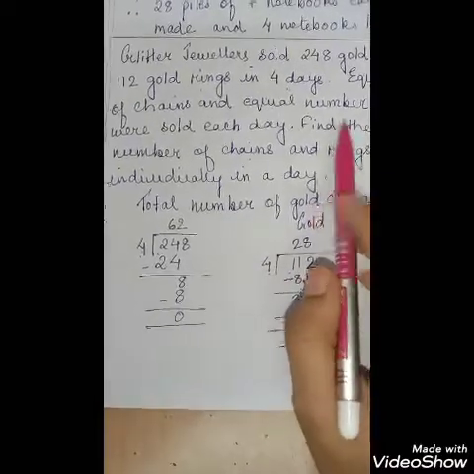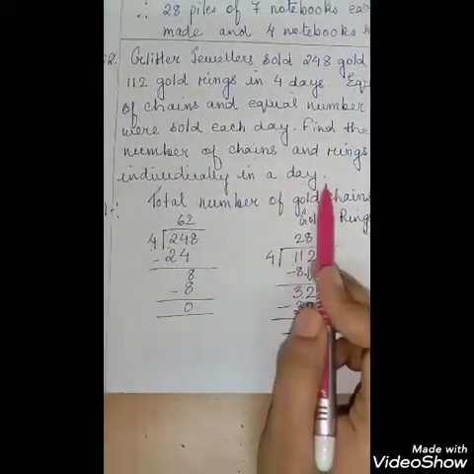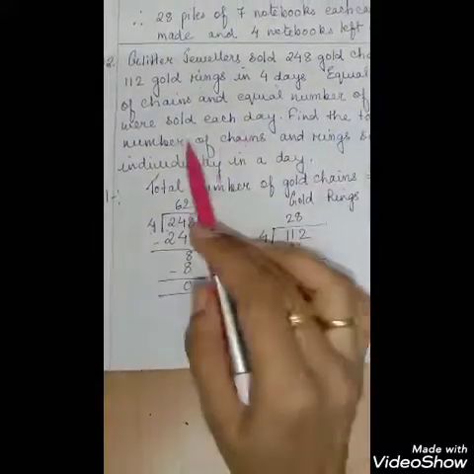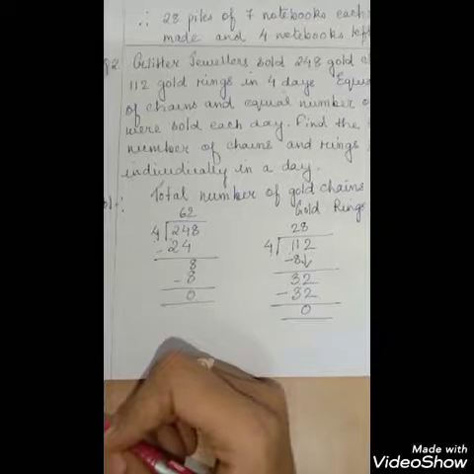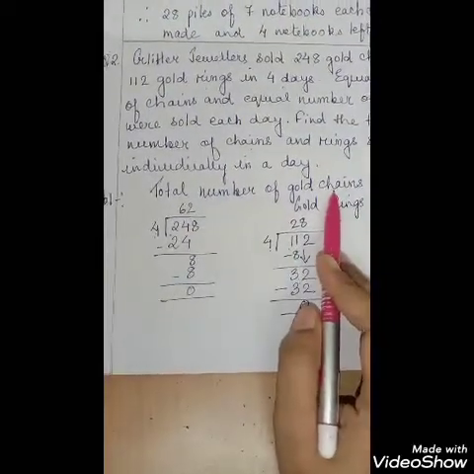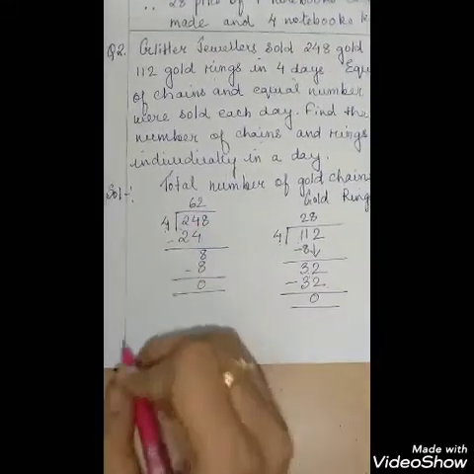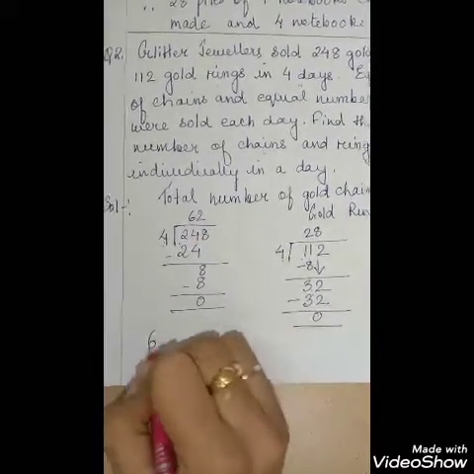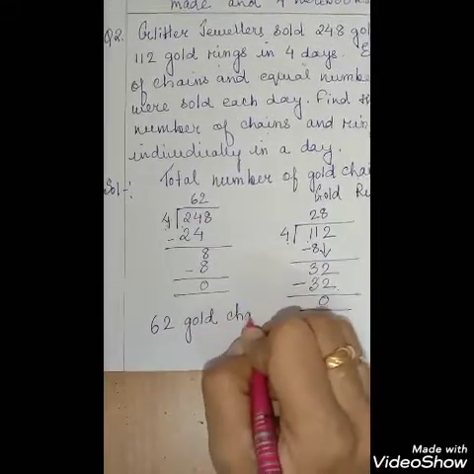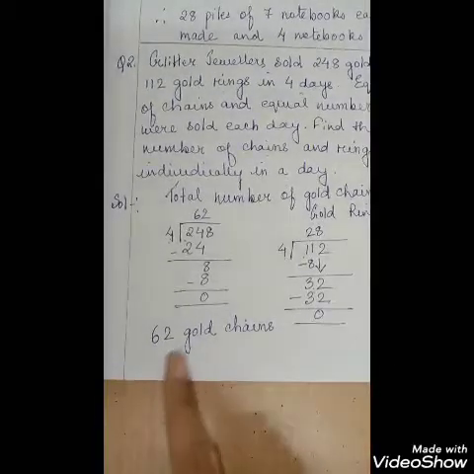So what is the question asking? Find the total number of chains and rings sold individually in a day. So how many gold chains sold individually in a day? 62 gold chains. 62 gold chains sold individually in a day.